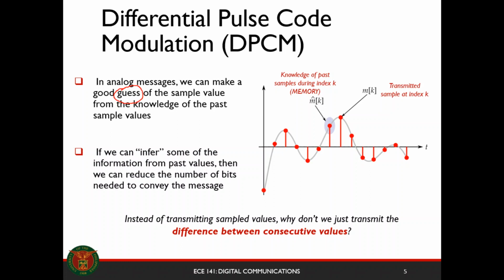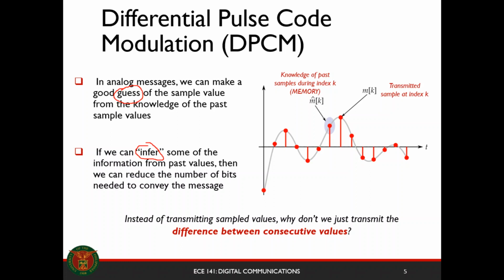If we have knowledge of the past values, we can actually make a good guess about our analog signal. So basically, it stems from inference. So instead of just transmitting the signal, let's just transmit the difference between two samples.